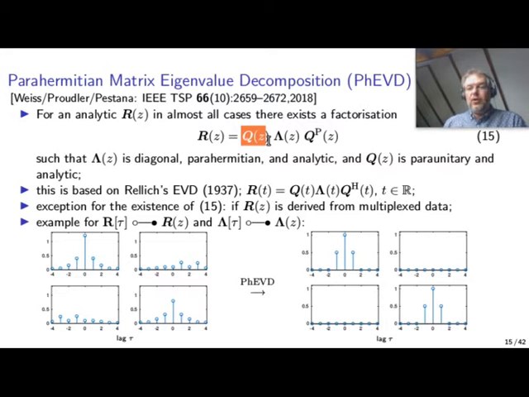So we know now that in most cases, except where we deal with multiplex data, there exists this factorization that simply extends the narrowband EVD to a polynomial EVD, where we have these paraunitary and Parahermitian diagonal factors on the right-hand side.